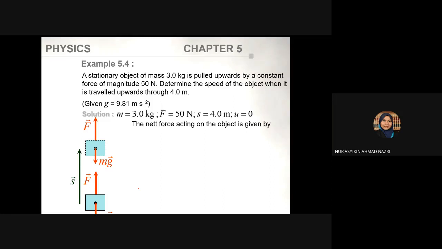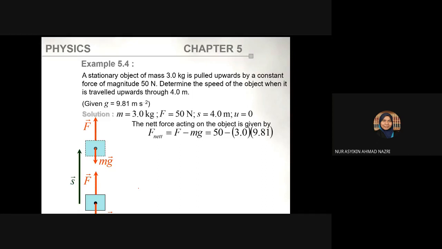If not, then you cannot, because the work done, we consider the F net, not the F alone. Macam saya cakap ya, not only the force applied. You need to consider all the forces acting on that object. For that, you still need to know how to draw the free body diagram. You need to understand that you should start with free body diagram juga.